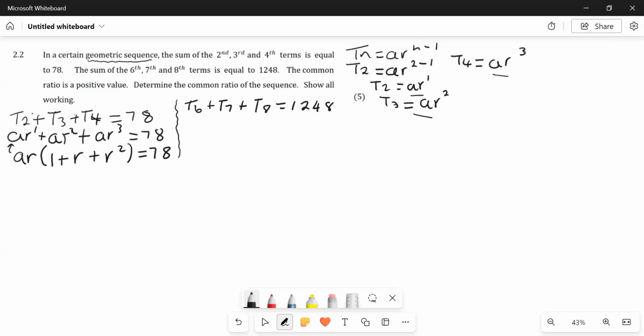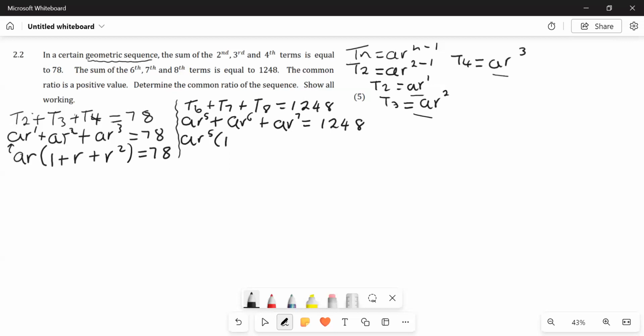We write T6, 7, and 8 in terms of a and r. So we subtract 1, and it becomes a r to the power 5, a r to the power 6, and a r to the power 7 equals 1248. And then now we take out the common factor of a r to the power 5.